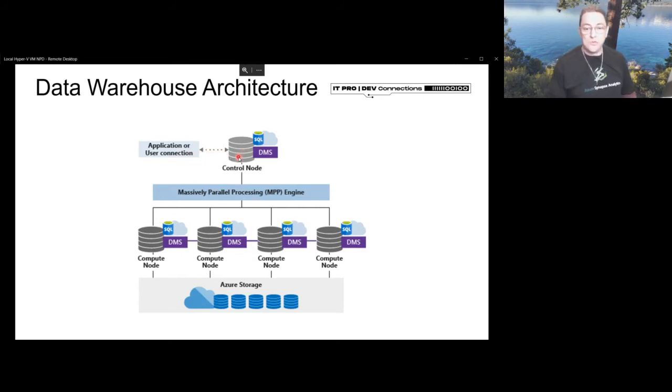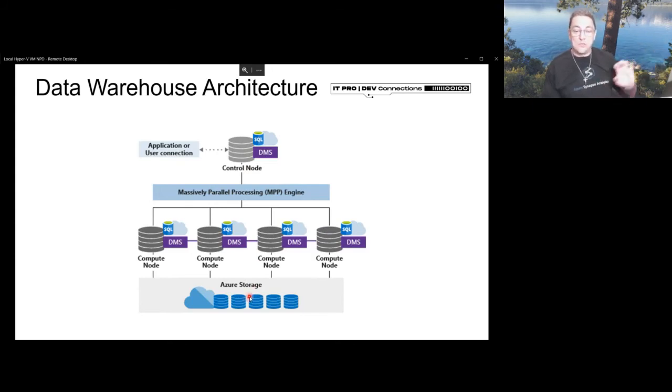This control node will get that query and will dispatch it to the compute nodes, which are the actual SQL servers running in parallel to deal with the data. And these compute nodes will reach out to the storage, those 60 distribution nodes we have seen.